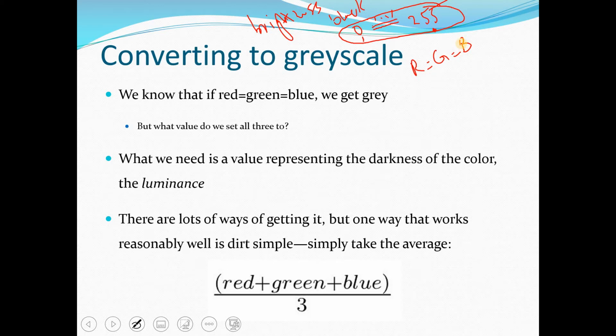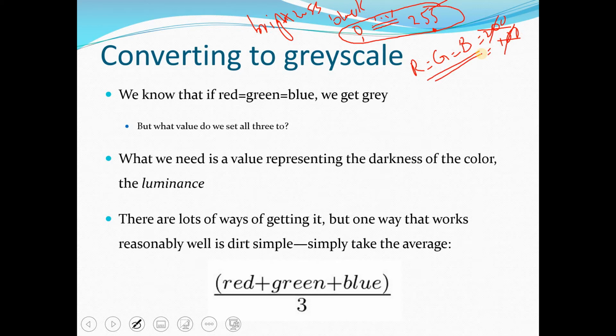Remember, a typical exam question: in the grayscale image, all three color values are the same. Don't try to write that they are the same and equal to 200 or 100. You will not give any specific value, because the color in the grayscale image will depend, but it will be equal all the time.